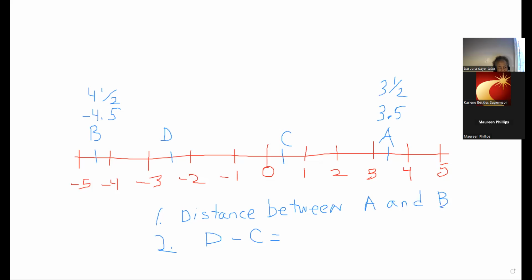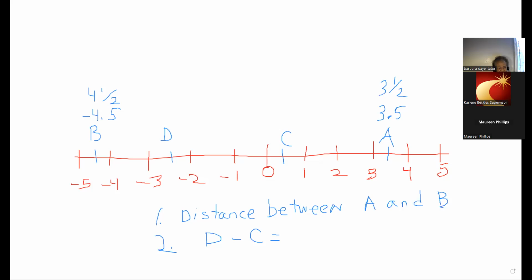The distance is 10. How are you getting 10, Maureen? Because I subtracted the 3.5 from the 4.5. And you get a 10? Yeah, 3, 5, and 5 is 0. Where are you getting a 5? This is a 4, and this is a 3.